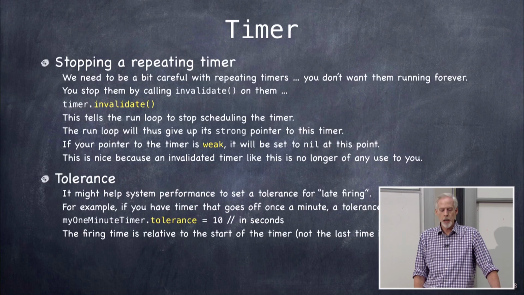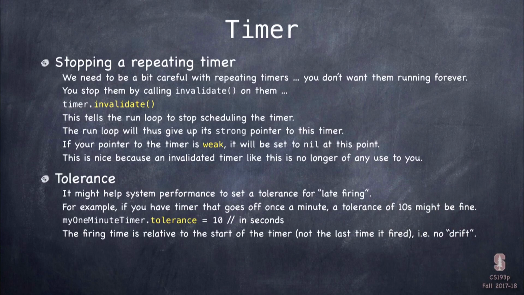Now, sorry, I thought I didn't put this in here, but you can also specify a tolerance on your timer. That just says if this timer goes off once an hour, it's okay if it goes off 30 seconds early or 30 seconds late. Why would you want to set a tolerance? Because it could help the system be a little more battery efficient. The system might not be awake exactly 1 hour later. It might be sleeping, but it might wake up to check cellular status or something like that, and then it could run your timer.